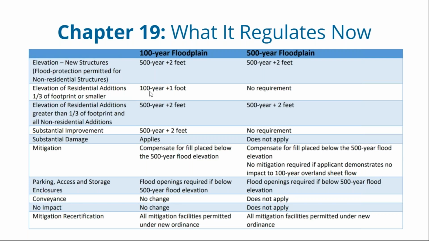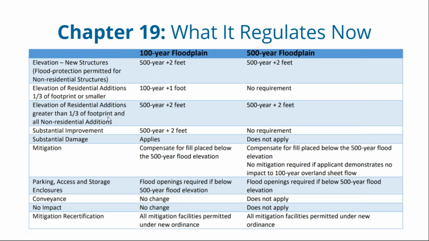We're going to let you add that addition today at the old standard. So 100-year plus 1. This is stupid. I don't understand why we're going to let someone build 250 square feet that we know is going to flood. If we knew it wasn't going to flood, then why would we make someone go over here? So it's just a matter of time before these new additions flood that this will go away, because this doesn't make any sense to me.